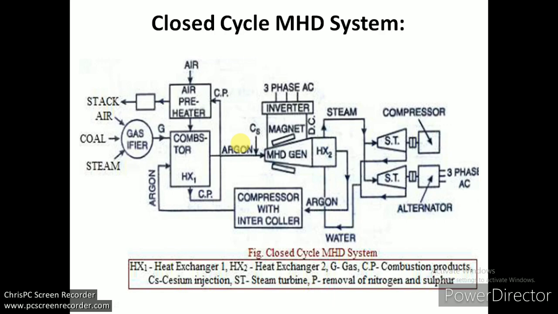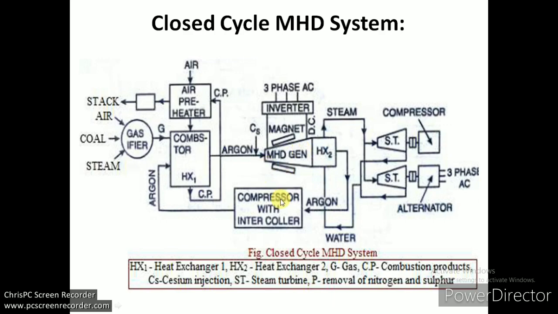As well, very highly pressurized air is used, so the duct size is very small, meaning the setup becomes very compact. Second, helium or argon is used as a working fluid.